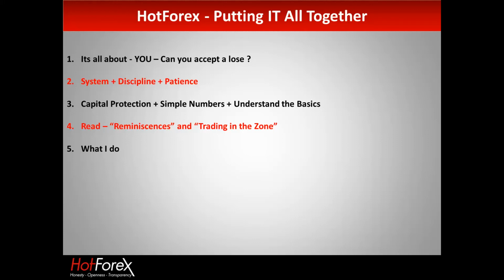Again, it's all about psychology. It's all about understanding yourself and getting consistent and confident. Consistency breeds confidence, and you just repeat the same thing, because the market repeats itself day in, day out, week in, week out, year in, year out.